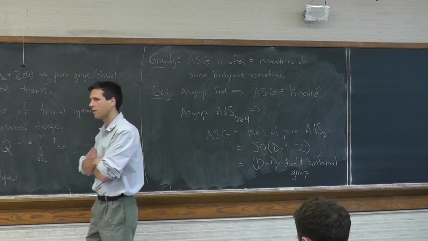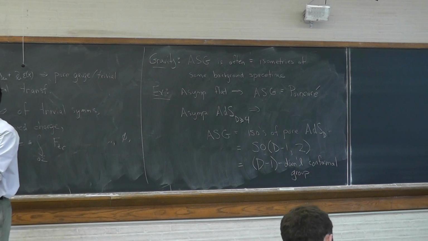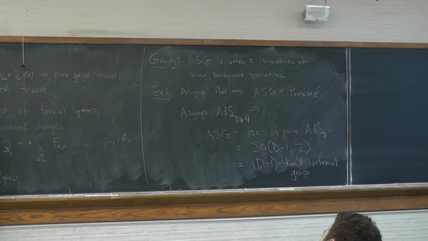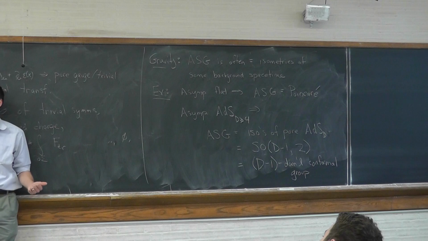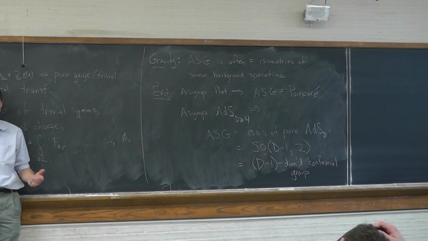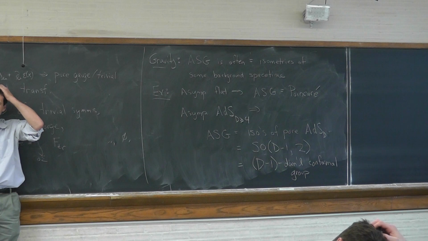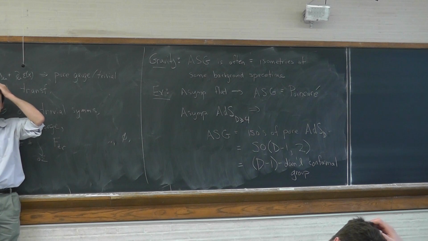It means that the Hilbert space of quantum gravity in asymptotic AdS has to be organized into representations of the lower dimensional conformal group. So the states have to transform under the conformal group. And that's pretty much the definition of a conformal field theory in D minus 1 dimensions.